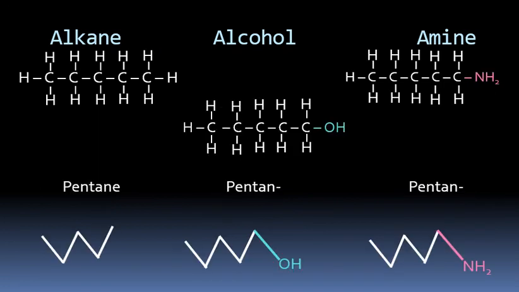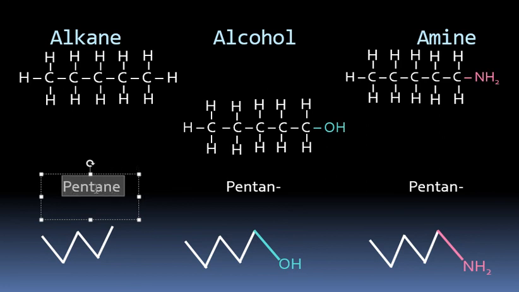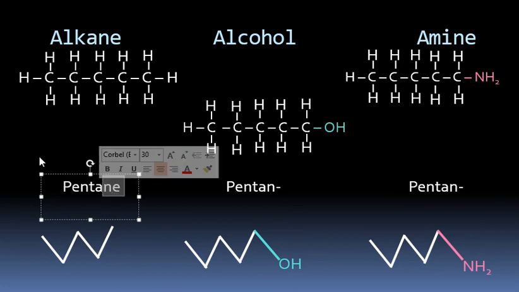Now to deal with the 5-carbon series, or pentane, well, pretty straightforward once again. Pentane would simply be pentane, a molecule that has 5 carbons, where the ane ending implies there's no substitution.